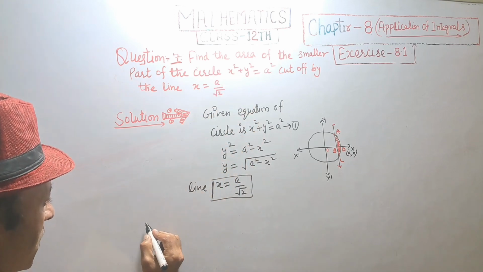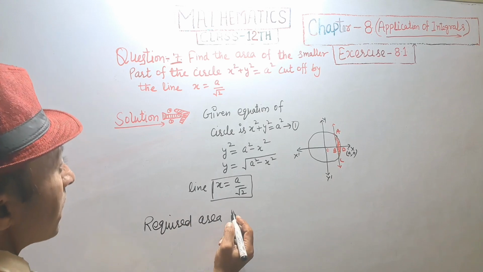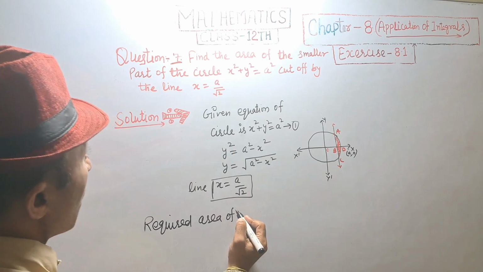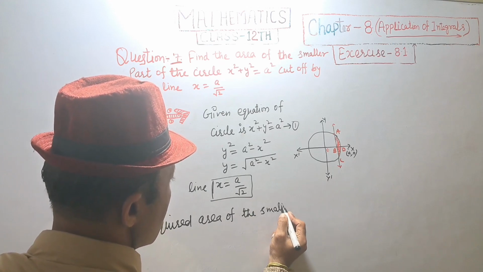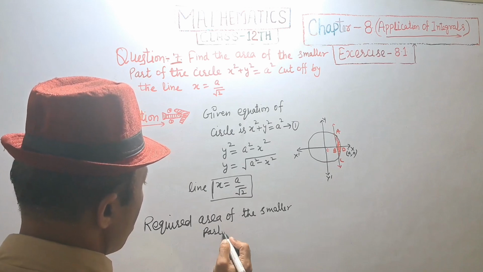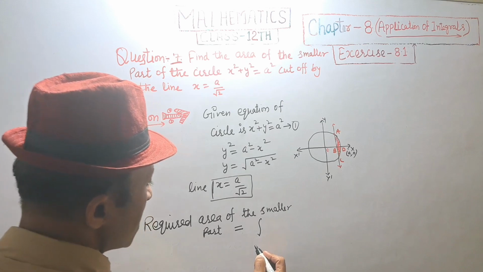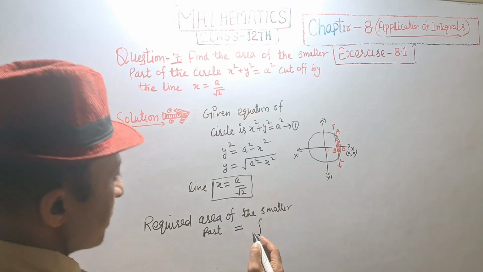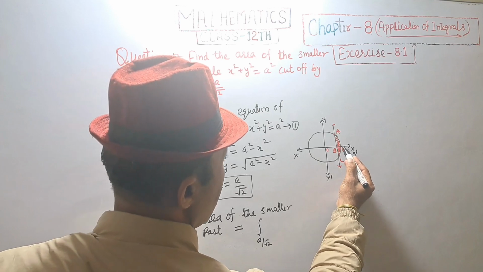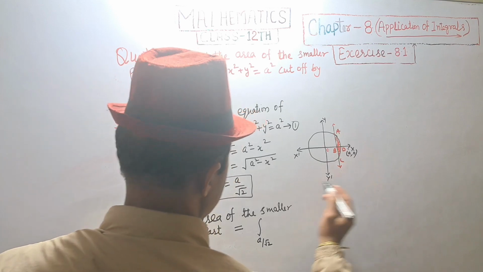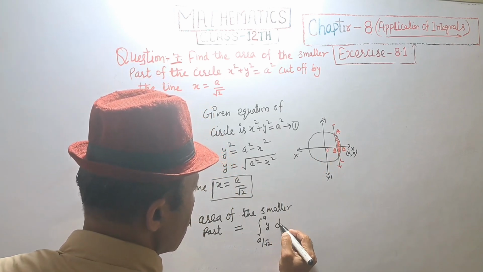Area required. Area of the smaller part is equal to integration, limit is a upon root 2 to a, y dx, since this line is x is equal to a upon root 2 to a.